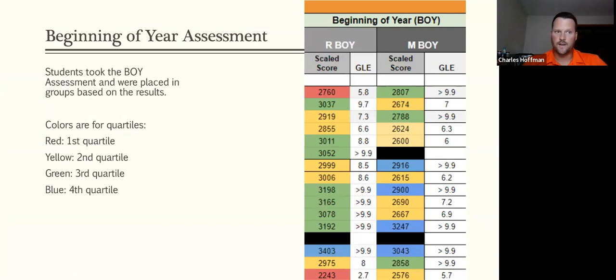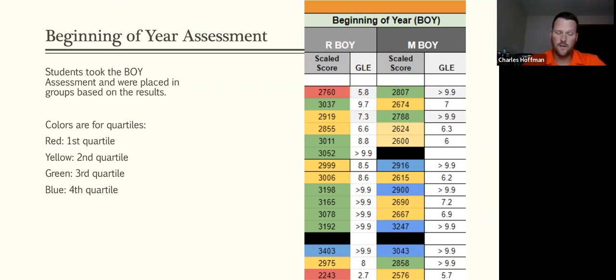So first of all, like I said, students took a beginning of year assessment and were placed in groups based on these results. Now, the students you see here are not my students that I began the school year with. My first group of students were completely different. If you see the quartiles there are color coded.